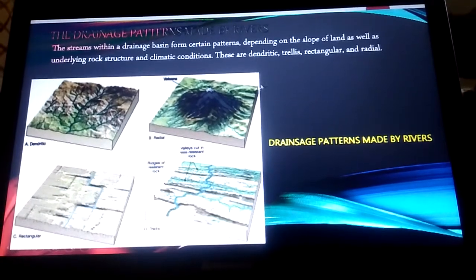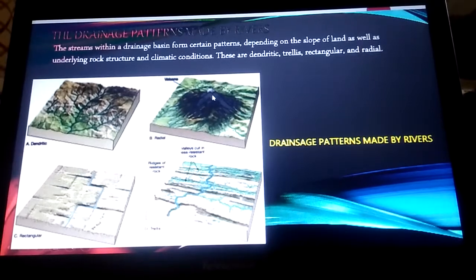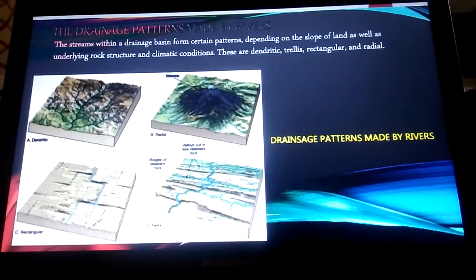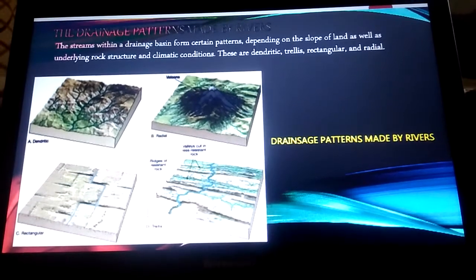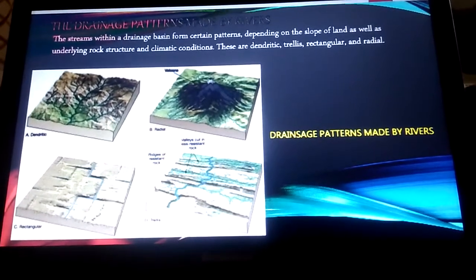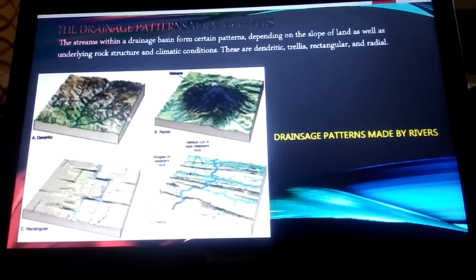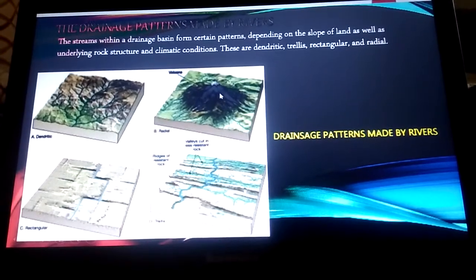For example, this is the radial drainage pattern, in which the rivers flow from the top of a mountain and their streams flow in different directions from a central peak-like structure, which we call a radial drainage pattern.